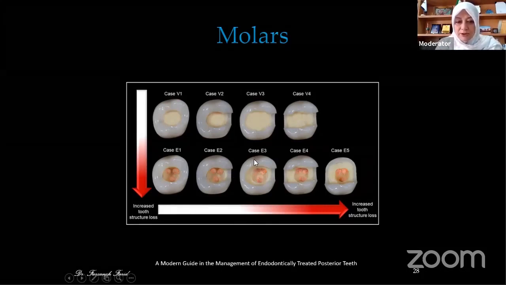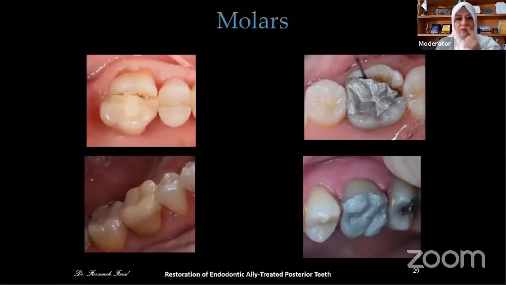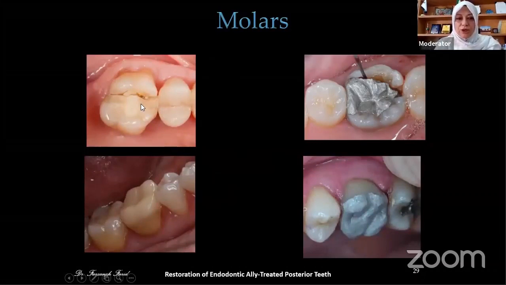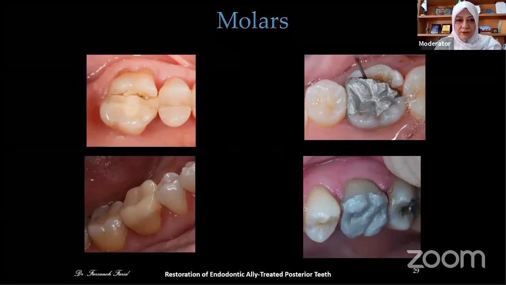If the remaining tooth structure is thin, you may think about having a full coverage crown. For situations where the remaining tooth structure is almost absent, it's better to have post-core crowns. So for molars, like all the posterior teeth, it's not enough just to use direct restorative materials. We should have cuspal coverage.